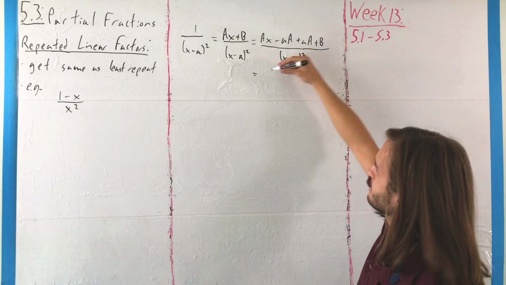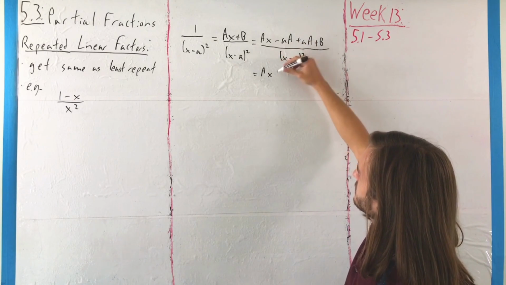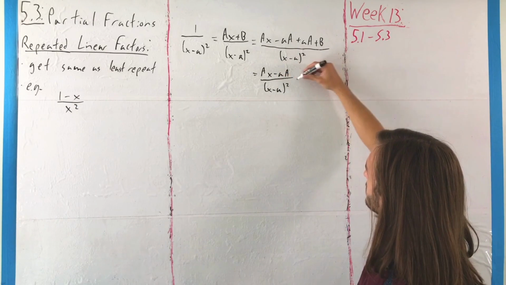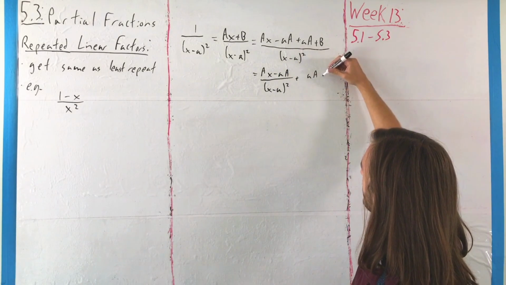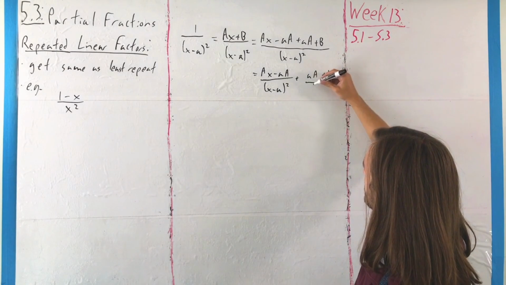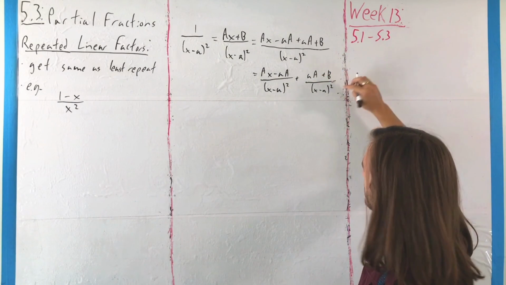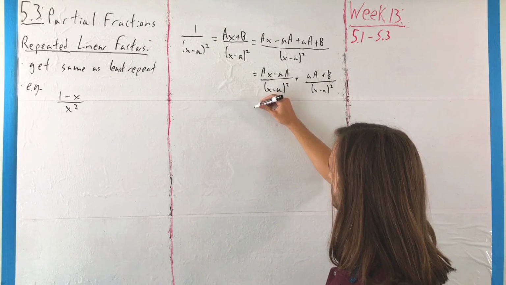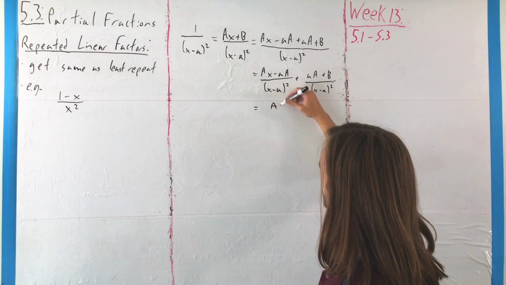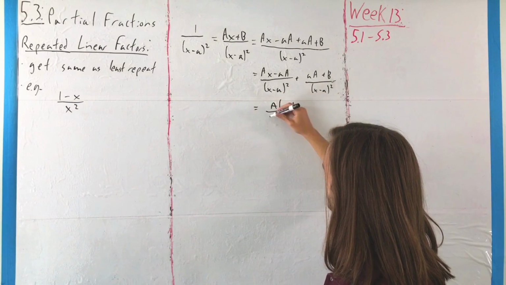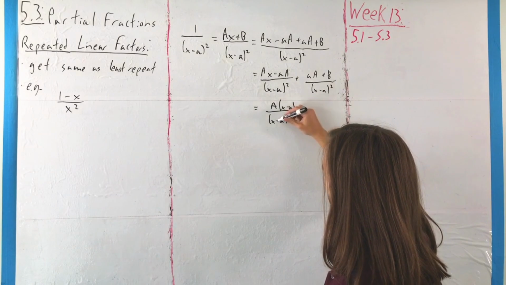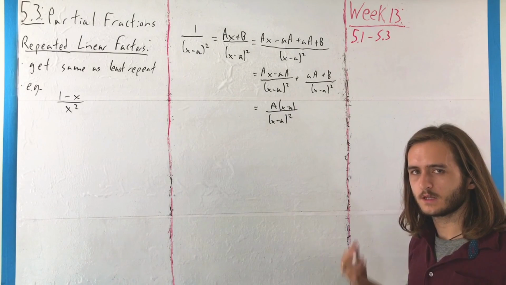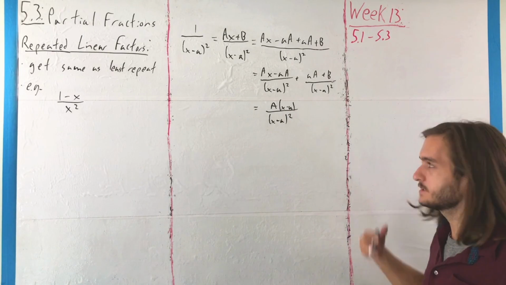But I'm going to split this up. I'm going to have ax minus AA over x minus a squared plus AA plus b over x minus a squared. And then right here, I'm going to recognize that if I factored out an a, I would have a times x minus a over x minus a squared. And then over here, I'm going to recognize that AA is a constant, B is a constant, take a constant times a constant, still have a constant, add a constant, still have a constant.